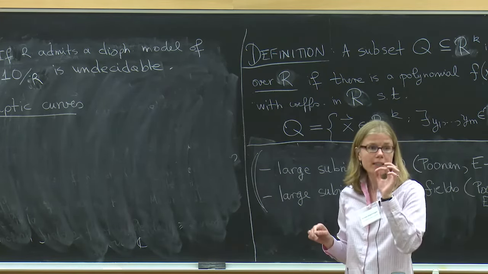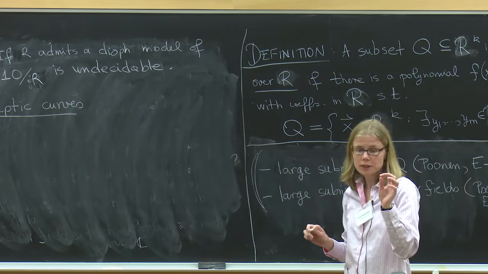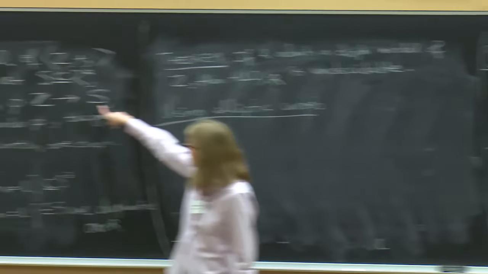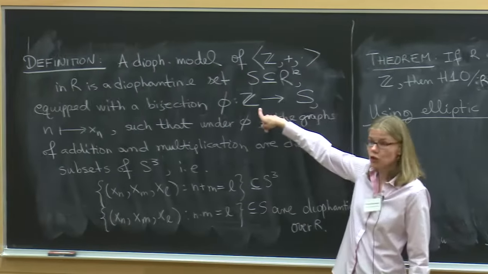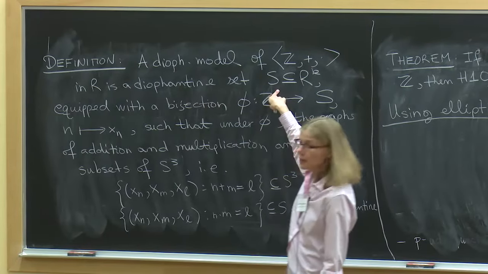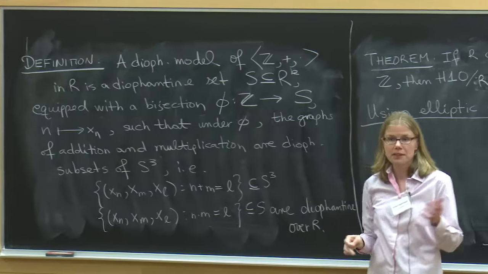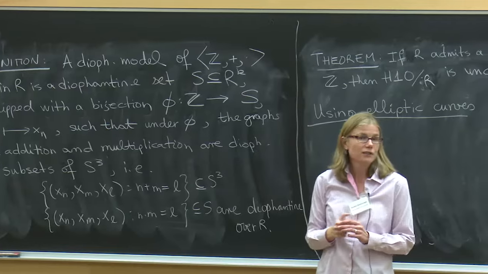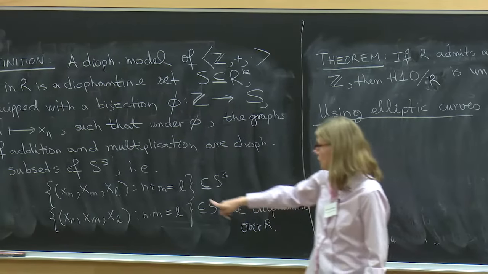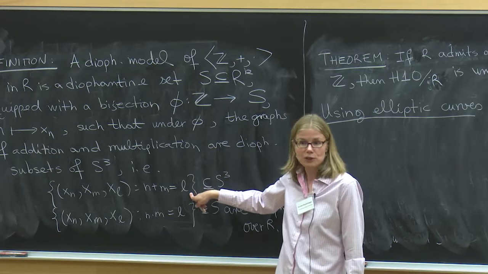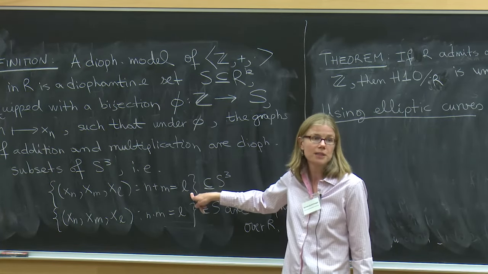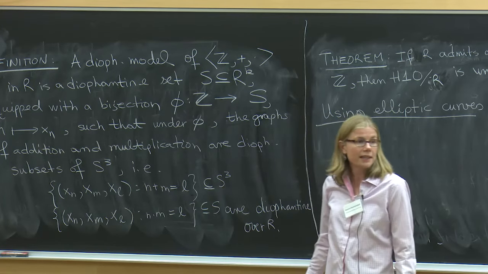Then that generator of infinite order will give you a set S that's in bijection to Z. It's also going to be Diophantine because it's just all pairs x, y satisfying the elliptic curve equation. You also get for free that the graph of addition is going to be Diophantine because the addition law on an elliptic curve is just given by equations.